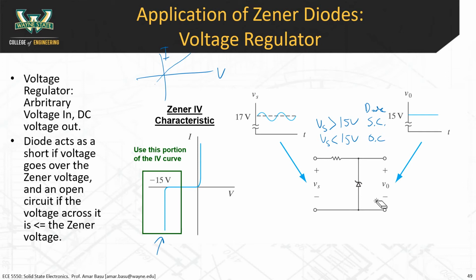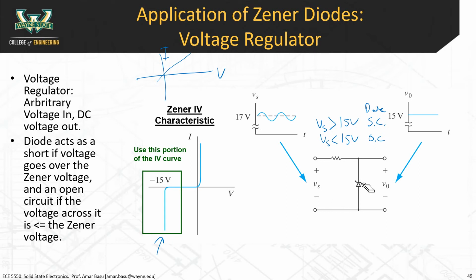If the voltage is greater than 15 volts, so right now you can see here it's at 17 volts, whatever excess voltage is going to cause this thing to turn on. And this is the key part. It's going to be short-circuited until it hits a 15 volt difference from the bottom to the top.